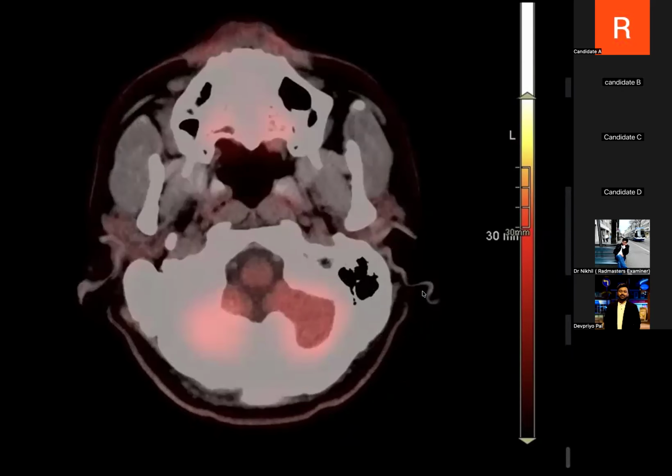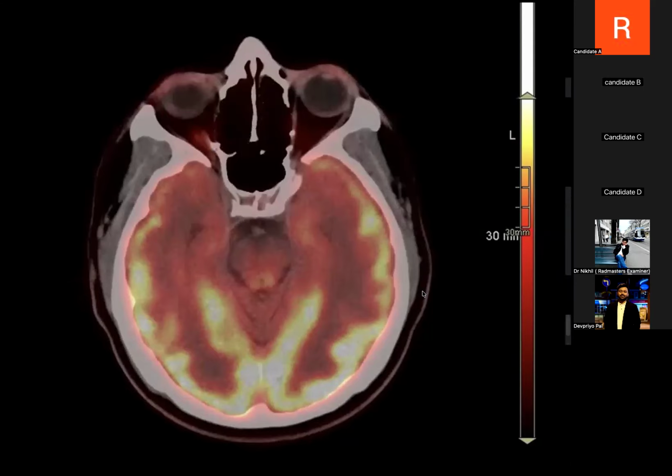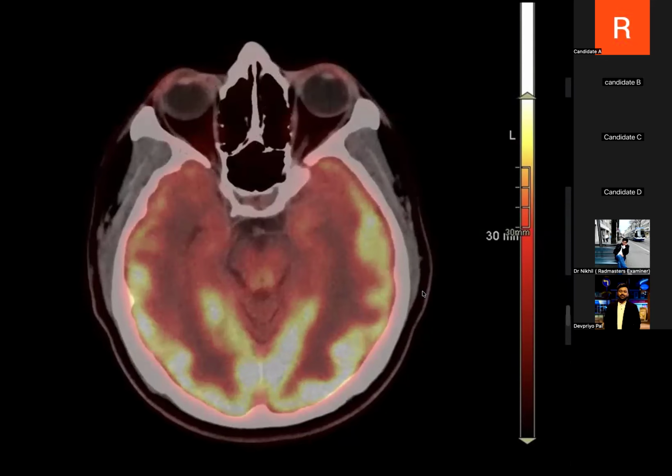This is the last cut. Okay. So I'm going caudal to cranial again. I would like to review the areas which are spared. Okay, the bilateral anterior temporal lobes appear to be spared.